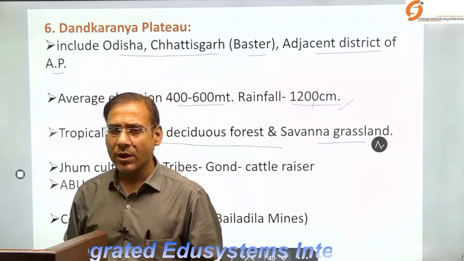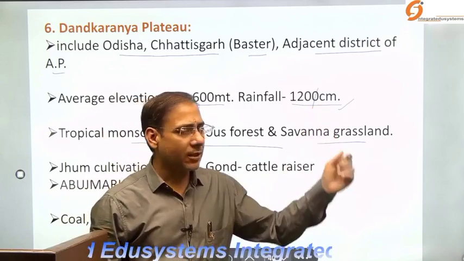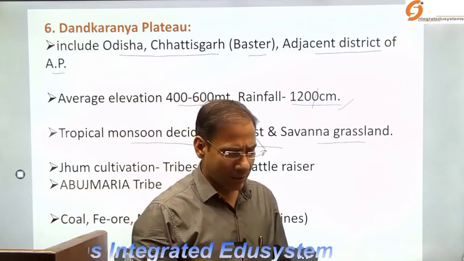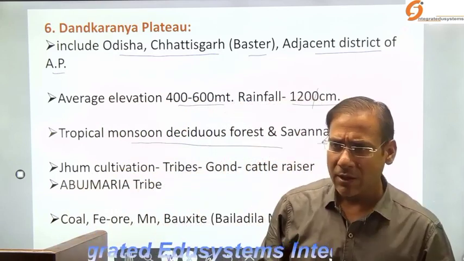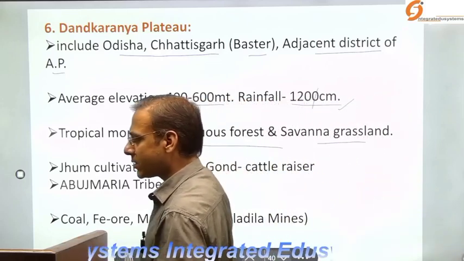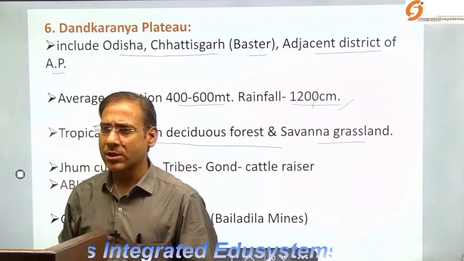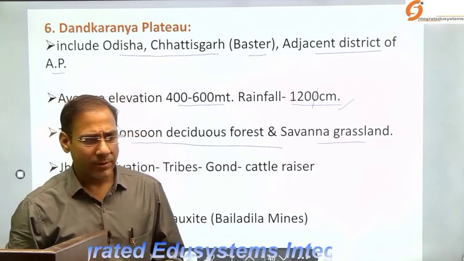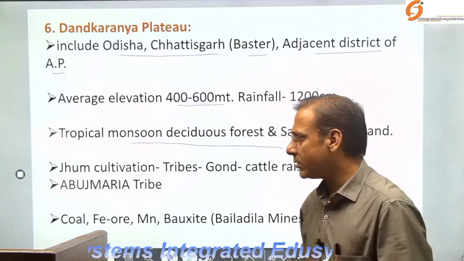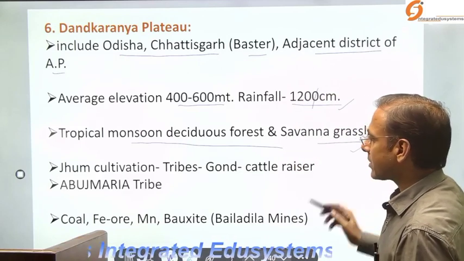So that's why, as I have said, this 120 centimeter rainfall is received by this region, so adequate green vegetation is present. Largely the monsoonal deciduous trees are present in that region: sal, teak, sesam, khair, mahua, okay, all these kinds of varieties are there in this region, as well as the savanna grassland.